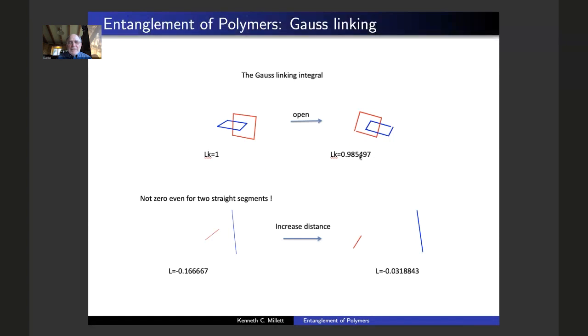So it's important that arcs can link, and as shown below, the linking number on the left is about 1600ths, whereas on the right it's about 300ths, and the difference is the separation between the arcs. That's another aspect that will be important later.